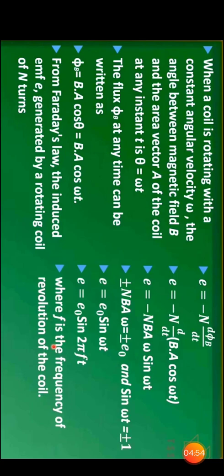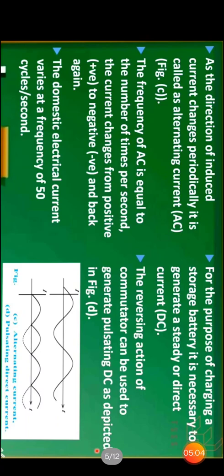The EMF is maximum when theta is equal to 90 degrees and 270 degrees. As the direction of the induced current changes periodically, it is called alternating current, that is AC. It is as shown in figure C.